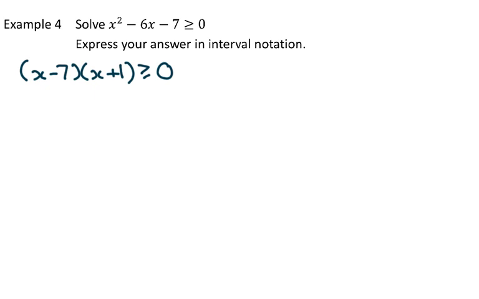Once this has been factored, we're going to leave the inequality for a moment, and the sign analysis is where we take those factors, one of them being x minus 7, the other one being x plus 1, and we're going to place those on a number line.